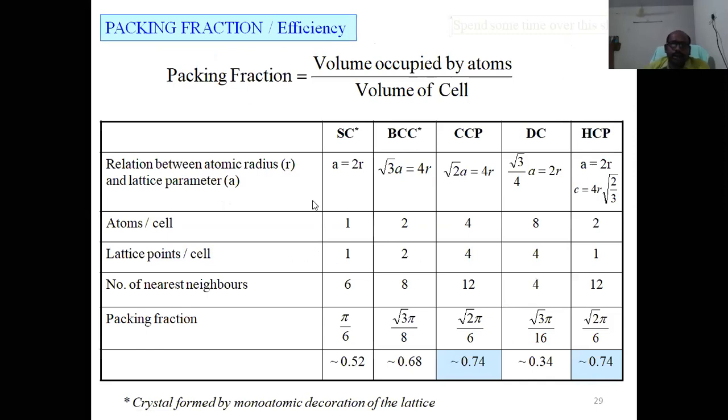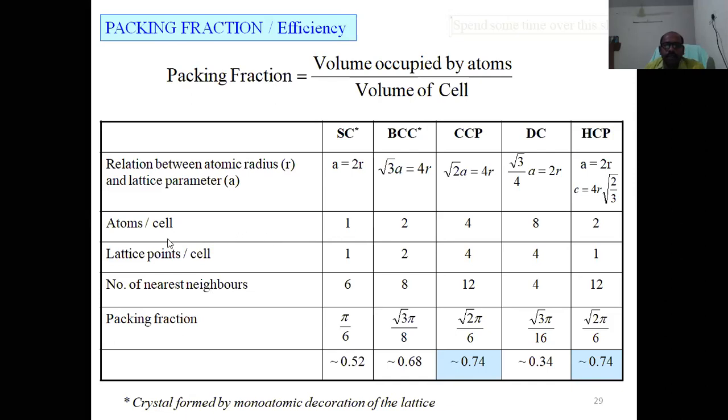Here I have put together all the factors. It is a definition, and the relation between atomic radius and lattice parameters we have seen for simple cubic, body centered cubic, and face centered cubic. We will see these equations later. Now we have studied these three columns.